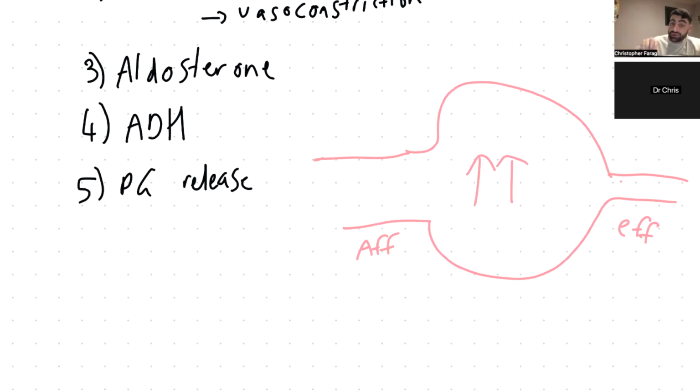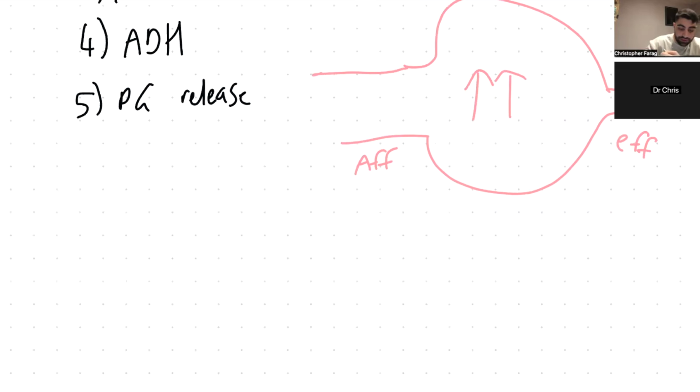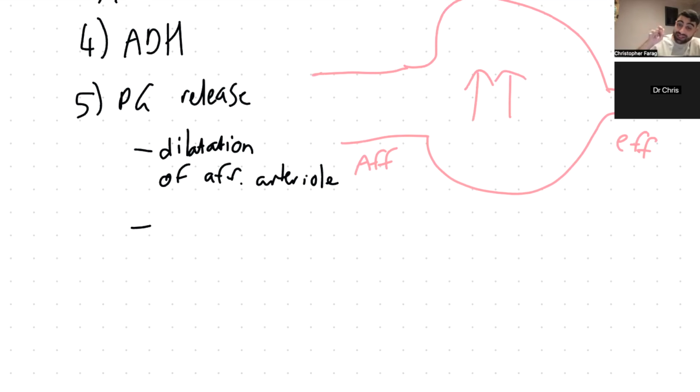Because the rate of inflow is going to be greater than the rate of outflow. So this causes dilatation of the afferent arteriole. And as we said, if we have an increase in the plasma in the glomerulus but it can't leave, this increases our glomerular pressure.